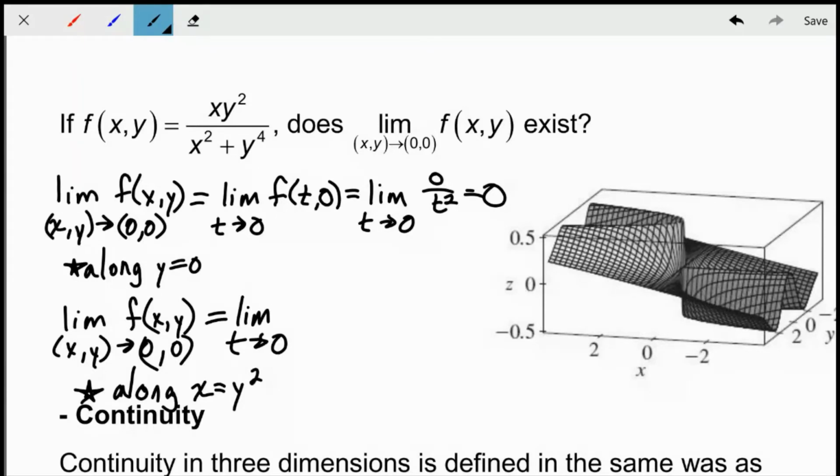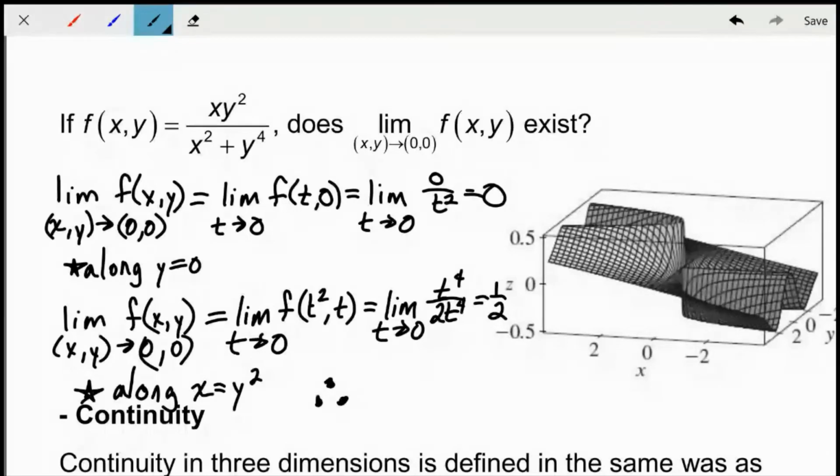And if I do that, this is going to end up being f of t squared, t. And that would be the limit as t approaches 0 of t to the fourth over 2t to the fourth, which is 1/2. So I got 1/2, which is different than the other limit that I got.